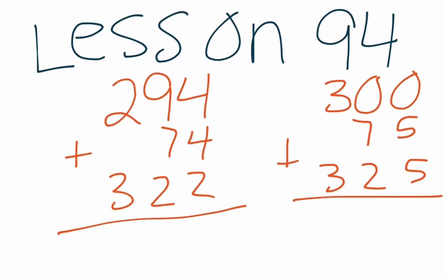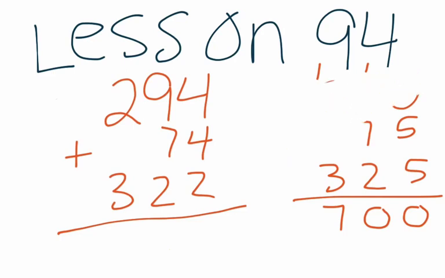So again, let's add these together. 5 plus 5 is 10. Put down the 0, carry the 1. 7 plus 2 is 9, plus 1 is 10. 3 plus 3 is 6, plus 1 is 7. Okay, so that answer was 700.